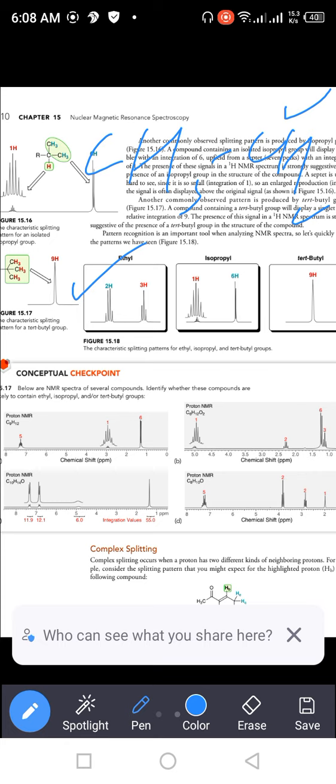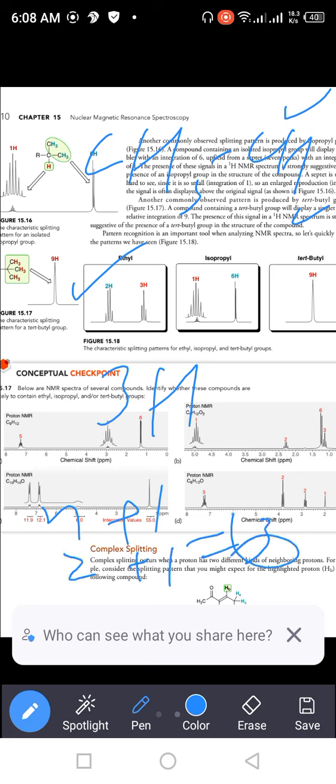These 3 protons have 2 neighbor protons. When there are 2 protons in the neighbor, then according to the n plus 1 rule we add 2 plus 1, and the answer will be 3. It means these 3 protons have the splitting pattern of a triplet.